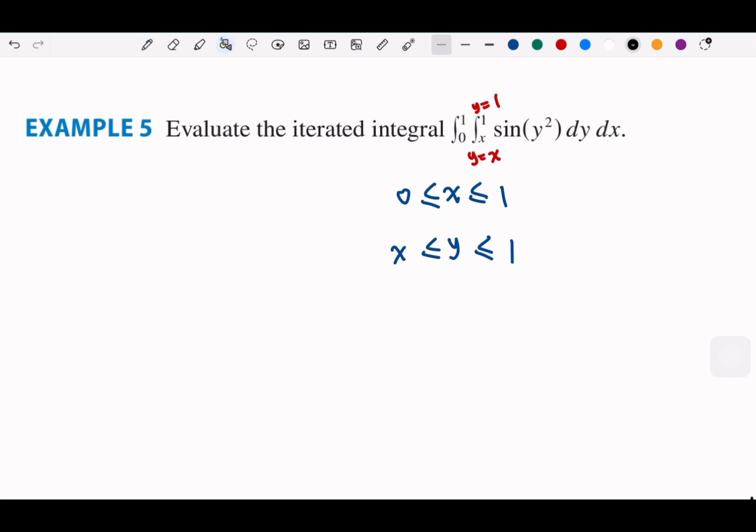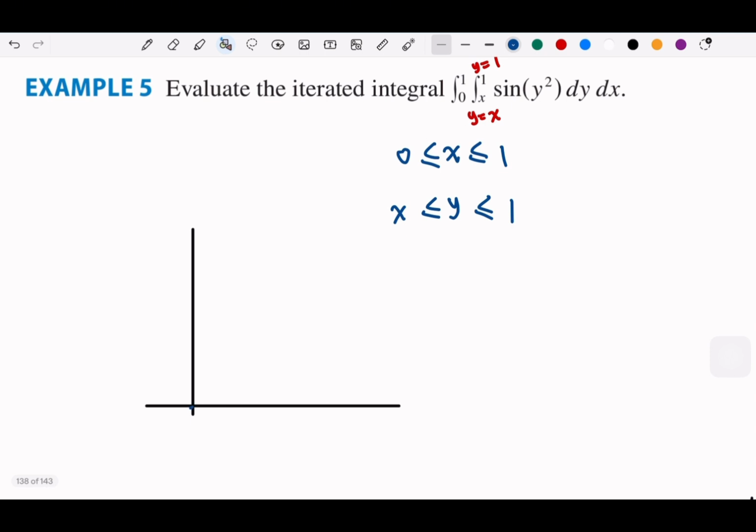it would be better if we draw the area, the area of the endpoints, the restrictions. So first we are going to take the constant, which starts from x equals 0 to x equals 1. Let's say this one is here. So we start taking x from 0 to 1, but then we have y equals x and y equals 1.